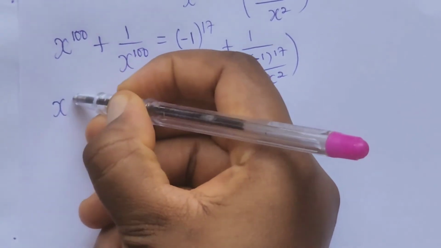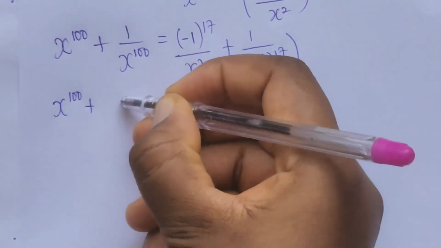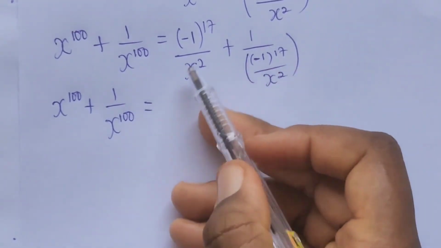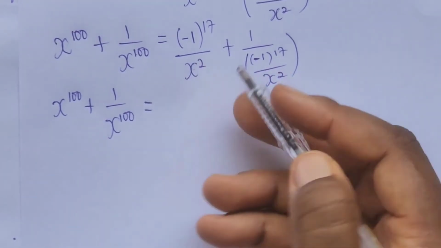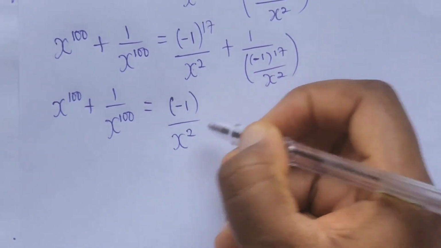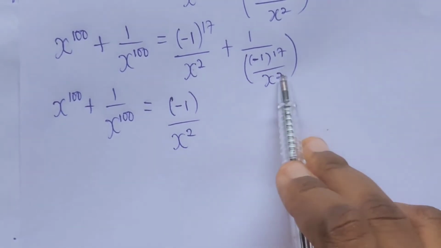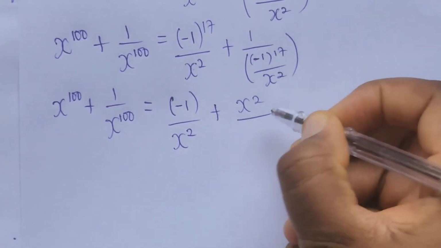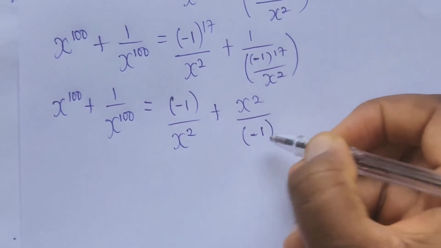So our x to the power of 100 plus 1 over x to the power of 100 will be equal to minus 1 to the power of 17 is minus 1 over x squared. Applying the law of indices here, we have plus x squared over minus 1.